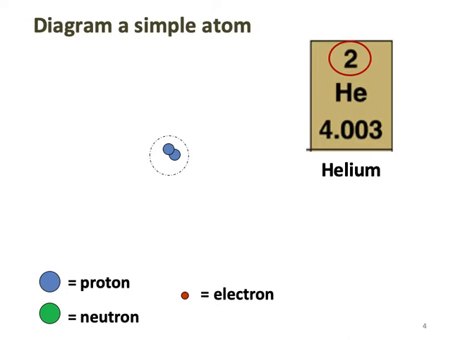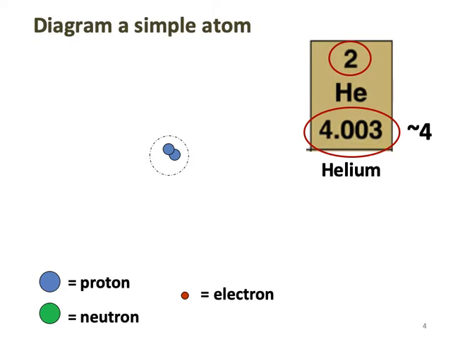Now, how do we figure out the number of neutrons? Well, that's a little bit more complicated, but not much. Let's take a look at the bottom number. That's the atomic mass. First of all, we're going to round that to the nearest whole number. So let's say the atomic mass is 4. The atomic mass consists of all the protons, which are each 1 mass unit, and all the neutrons, each of which also weigh 1 atomic mass unit.